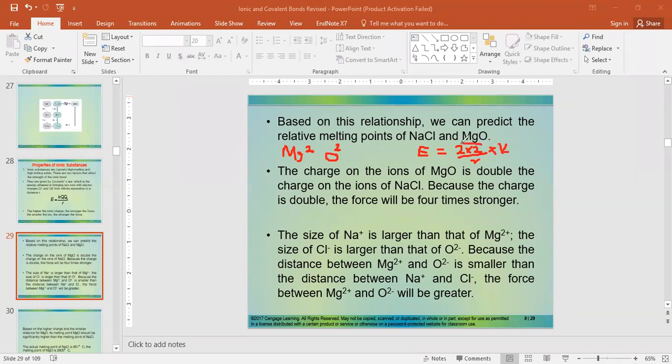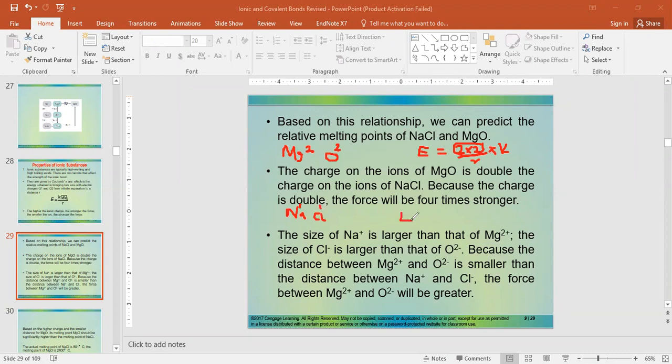Now, this here is very important in comparing that. When you are looking at sodium chloride, this is 1 and this is 1.